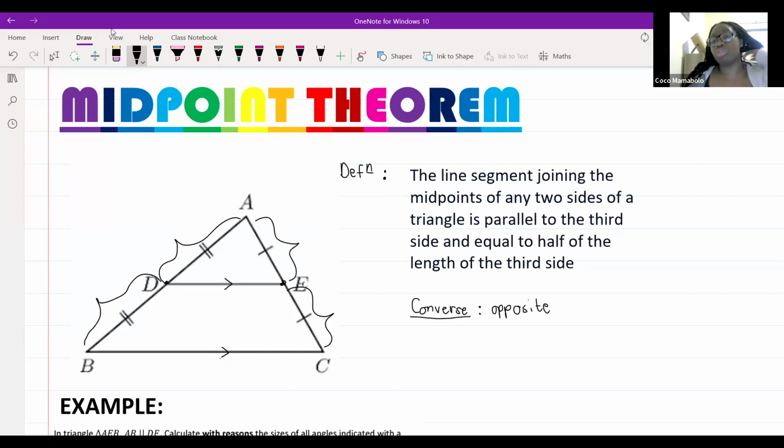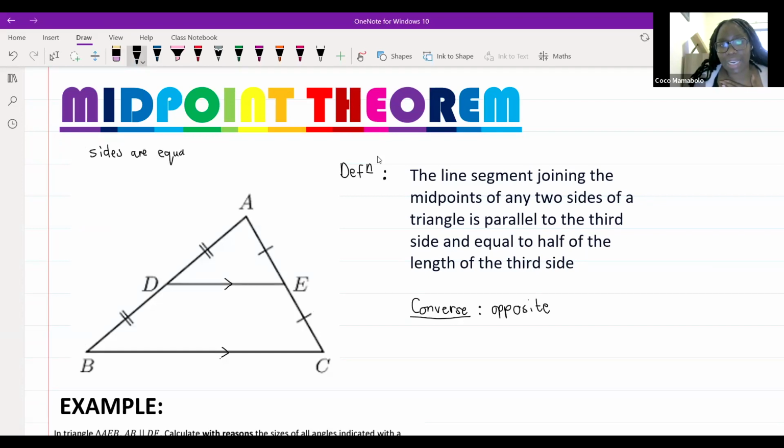I want us to note this. It's very, very important that we use it in the correct order. If they tell us that sides are equal, then we use the midpoint theorem. That's our reason: mid-PT-THM, midpoint theorem.